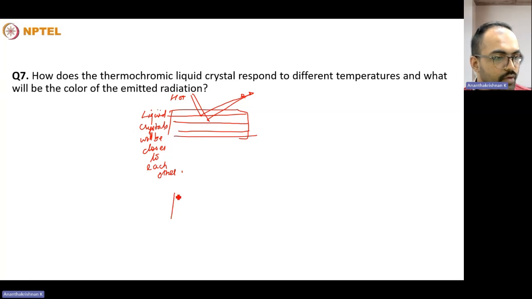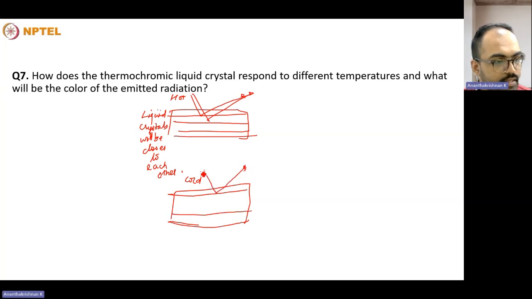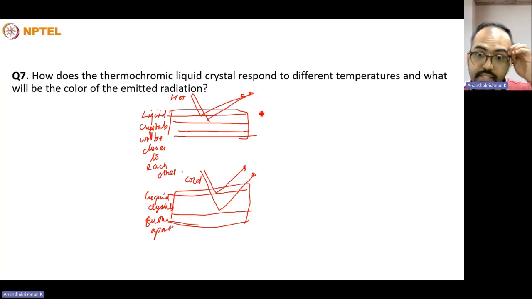But when they are far away from each other, in the case of cold, the liquid crystals will be far away from each other, and this will have an effect on the light which is emitted out of it. So in the case of hot, it will emit blue reflected light.